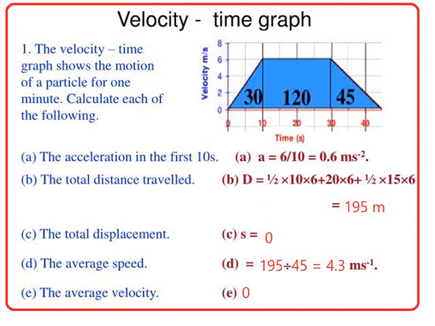Then the average velocity will be 0 because the velocity is 0. This is a very important problem which is frequently asked in the board exams. So get prepared with this type of example and solve it on your own, children.